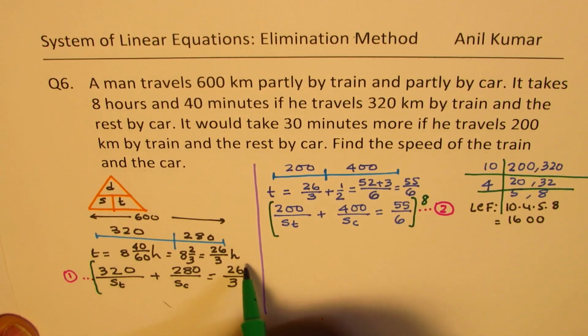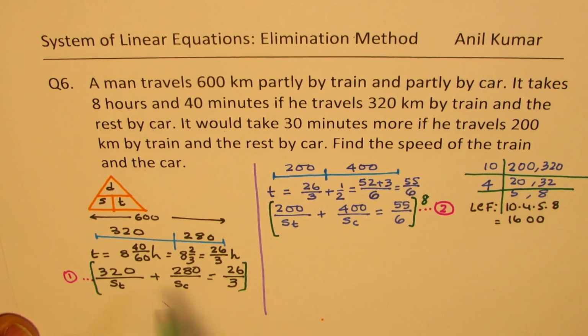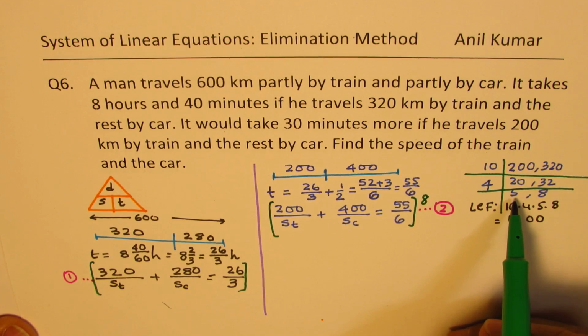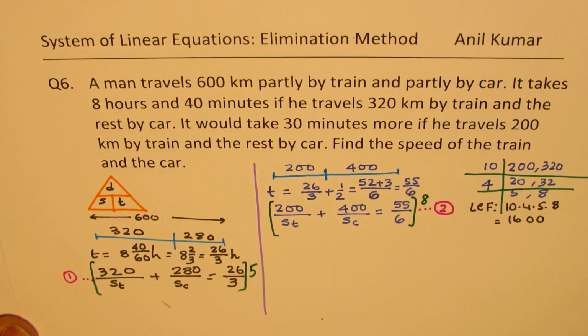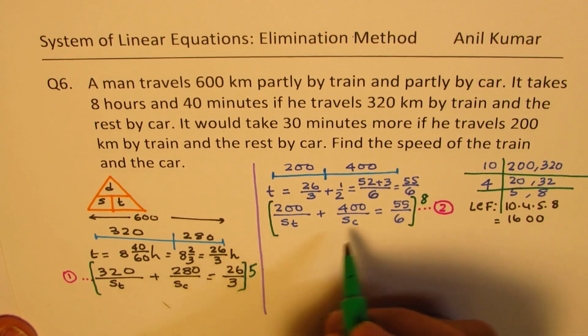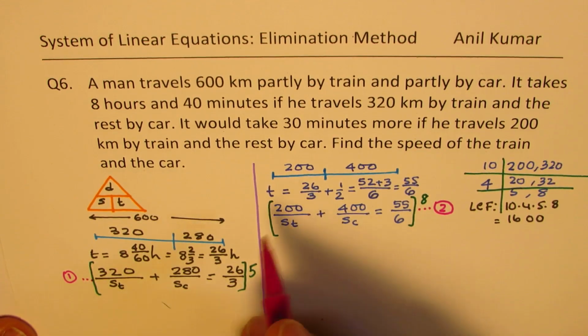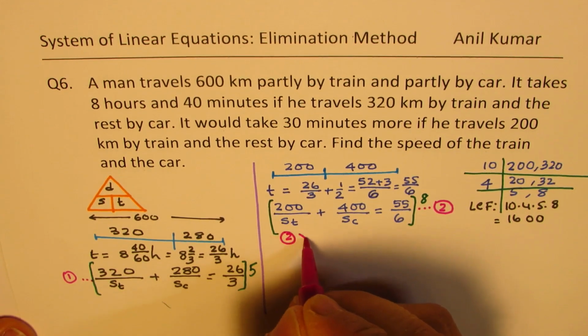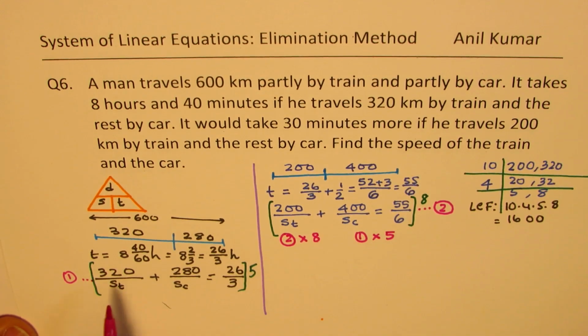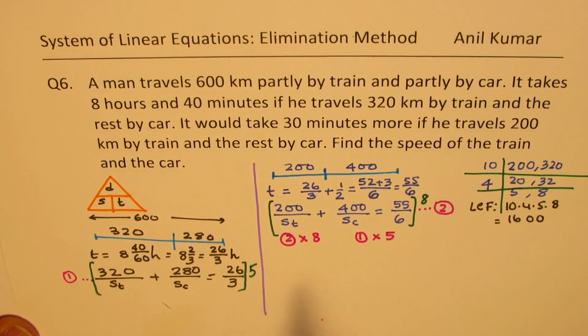The other equation we need to multiply by what? 320, right? 8 times 4 is 32, and 10, so 320 multiplied by 5. So we have to multiply this by 5 to get 1600 as a coefficient for speed of train. Is that clear to you? So what we are doing here is multiplying equation 2 by 8 and equation 1 by 5. Then we get the same coefficient, and then we take away. Is that okay? That is the step.